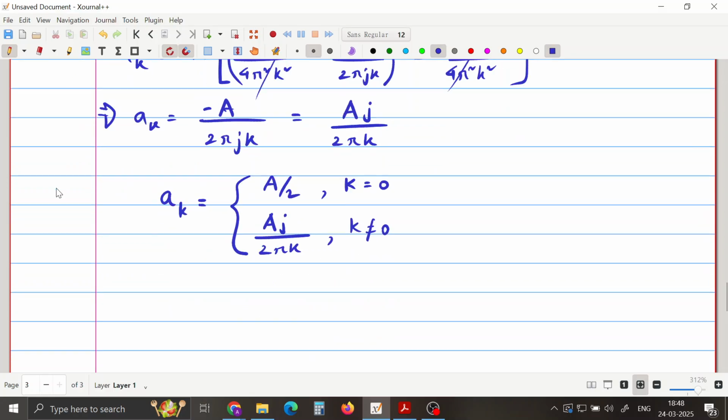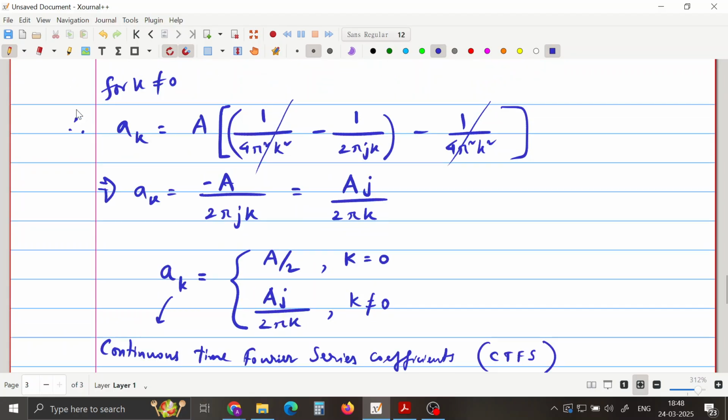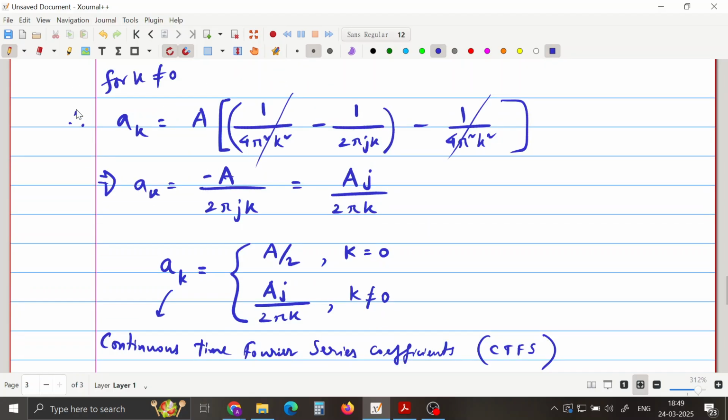So these a_k are my continuous time Fourier series coefficients, or CTFS. Now you can also explore these coefficients graphically.